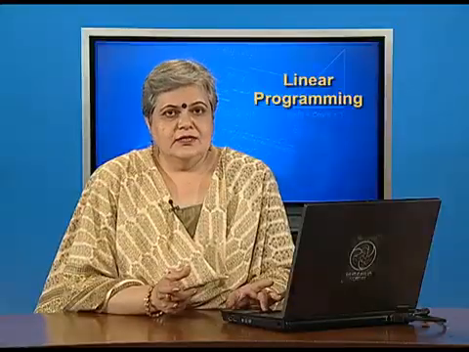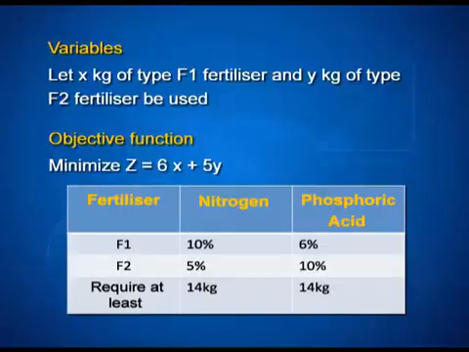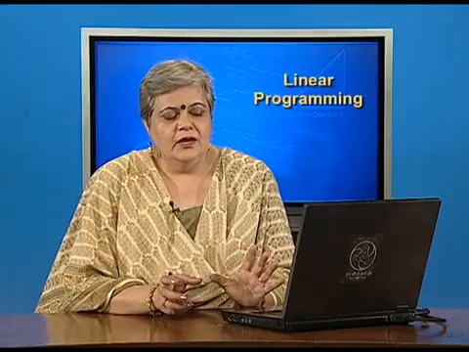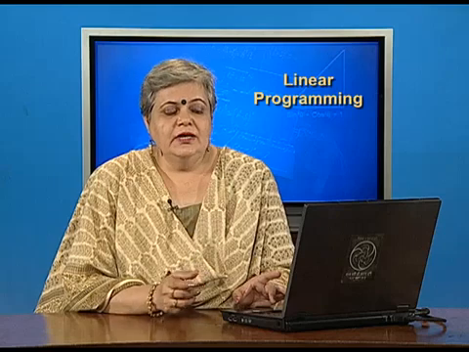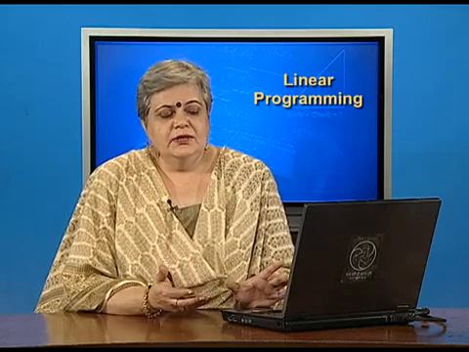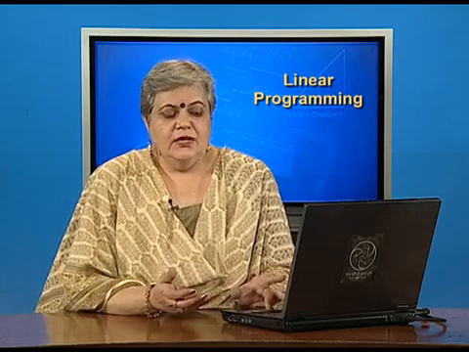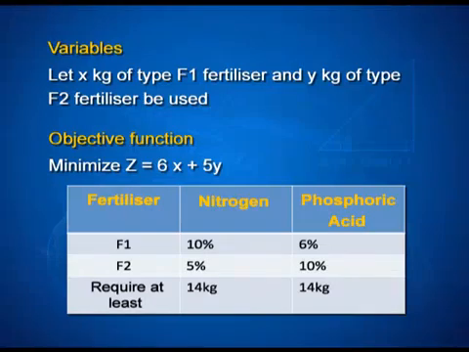What are the constraints? Coming back to tabulating the information, which is the best way to understand what is required and given. If I tabulate the information, it is very obvious now that since I have bought x kgs of F1 fertilizer, the amount of nitrogen coming from F1 will be 10% of x, and from F2 the y kg that I have bought will give me 5% of y.